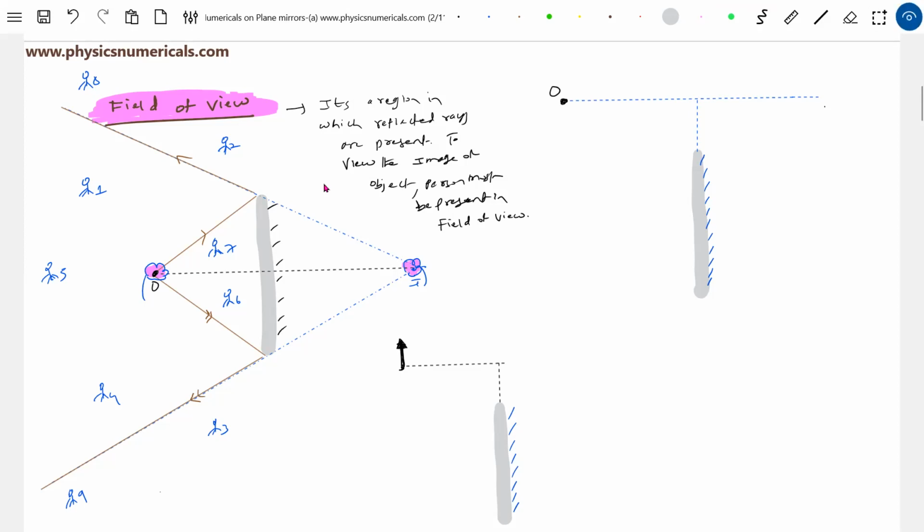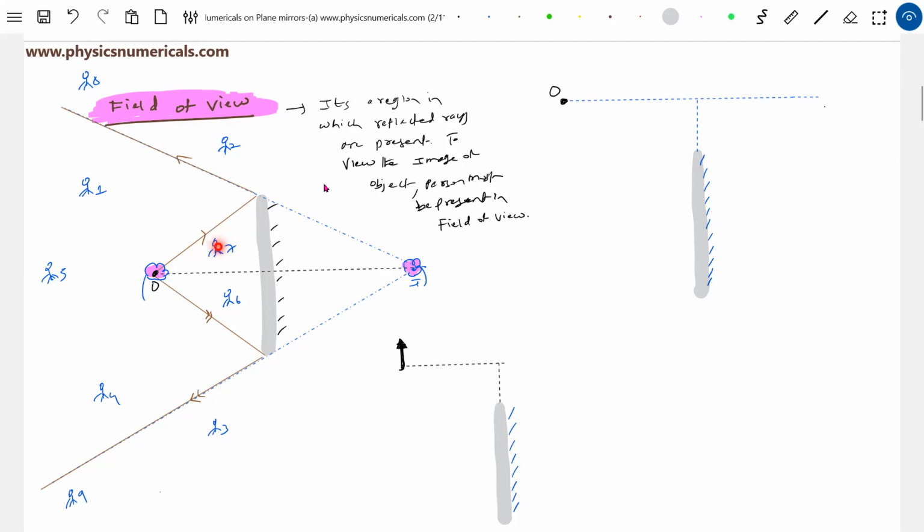So for those persons, when the rays emitted by the flower after striking the mirror enter into the eyes of a person, that person can visualize the image of that particular flower. Then you'll say that I am seeing this image. Now let me do one thing. The incident rays strike the mirror. After reflection, they enter into person 7's eye.